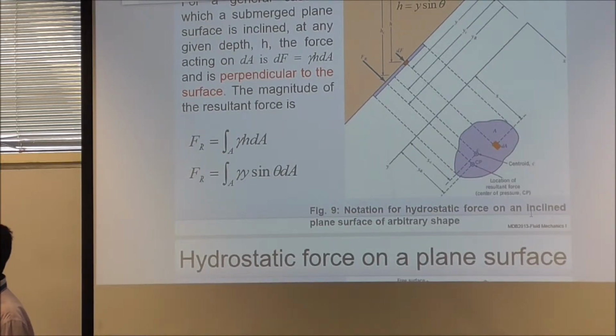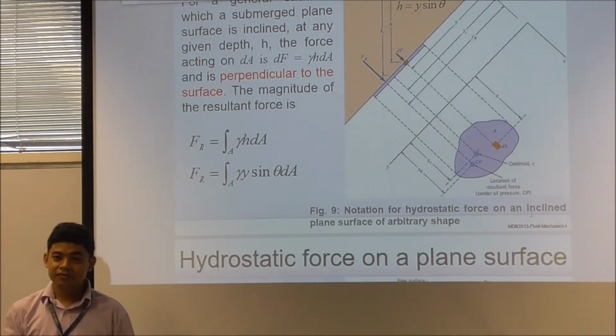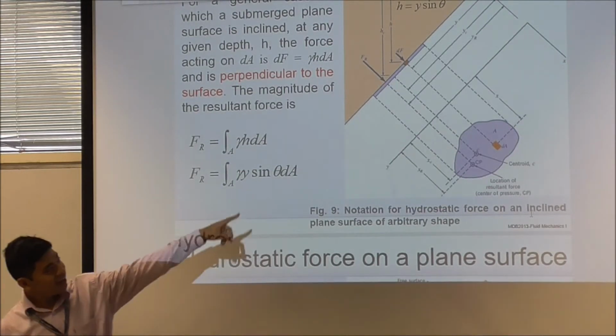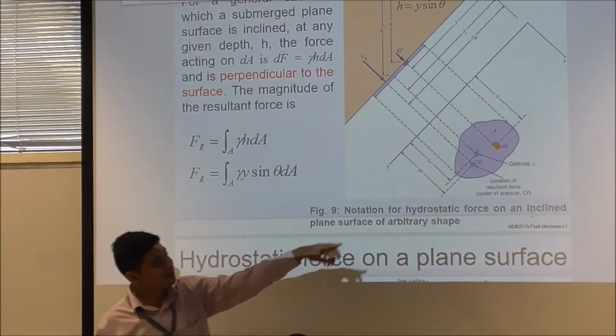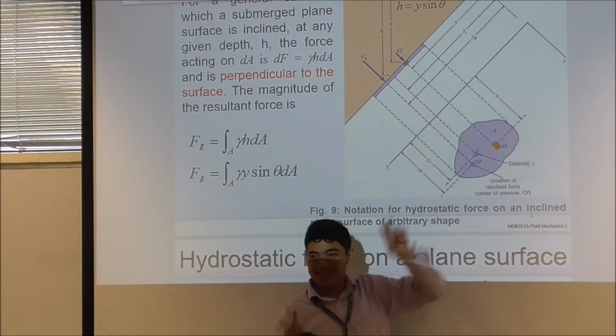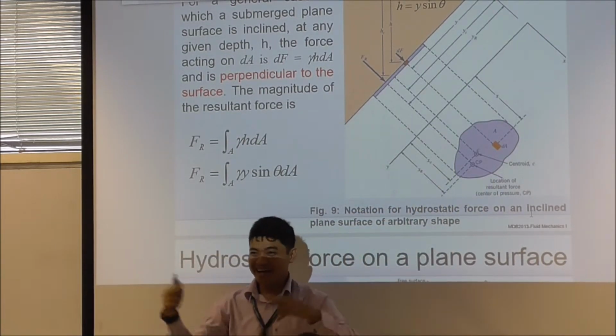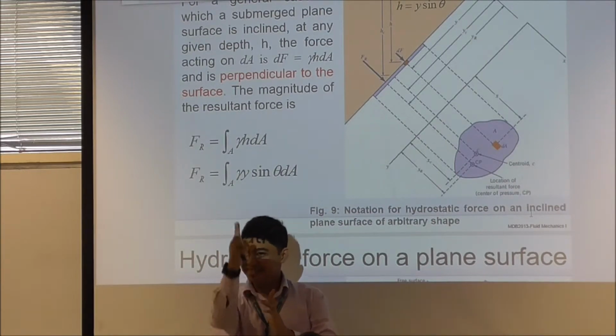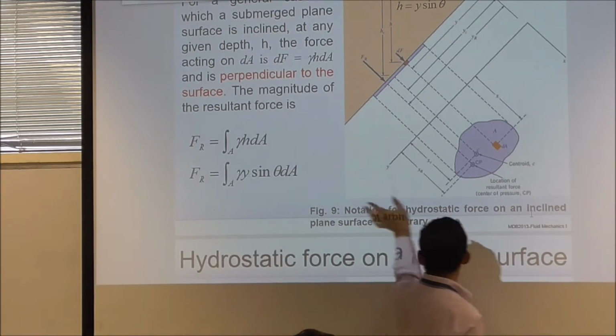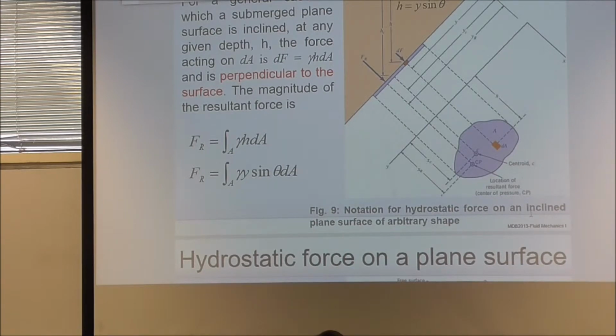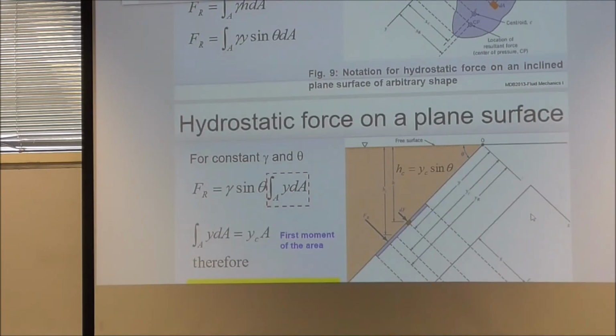So you will have a double integration, right? Yeah. dA is two directions. Remember that. It is not one direction. Two directions. So if you want to solve this one, yeah, you can. But it will be a bit tough.